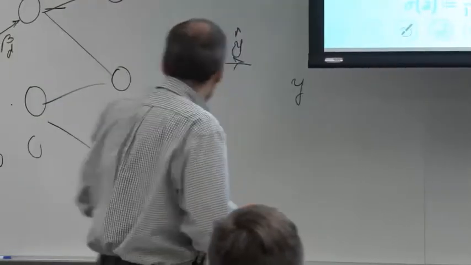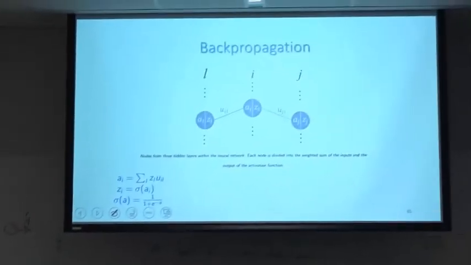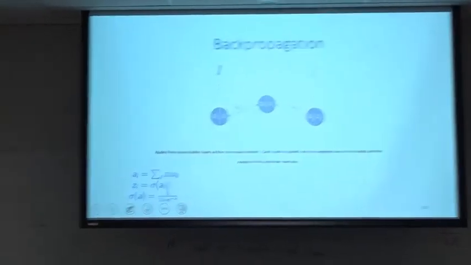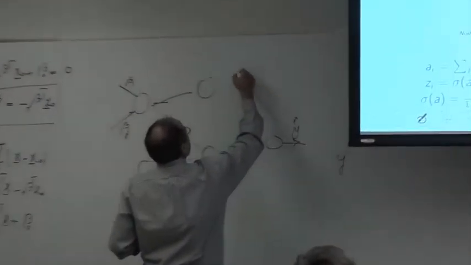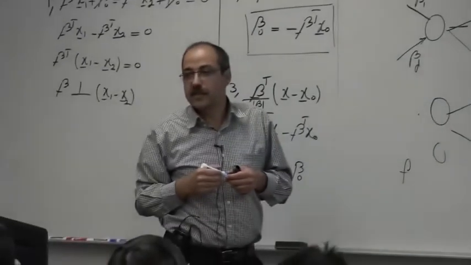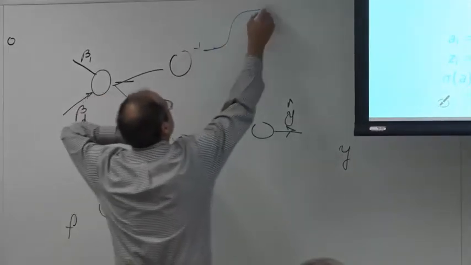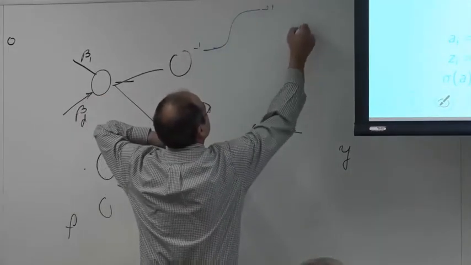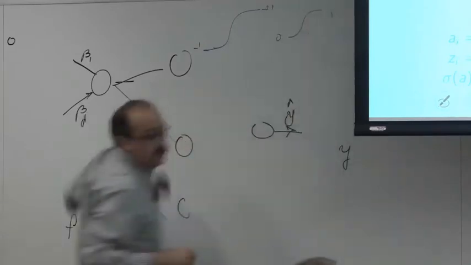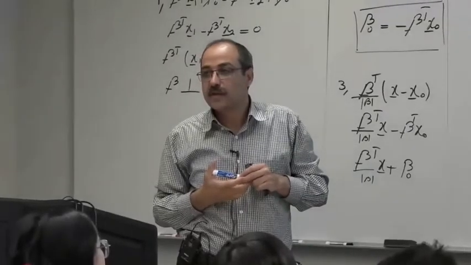The nonlinear function which we apply to A could be any nonlinear function, and there are some popular ones. One of them has this form, a logistic function. Another one has exactly the same form, but the difference is that it is between -1 and +1, whereas the logistic is between 0 and 1. So, logistic function or hyperbolic tangent function.